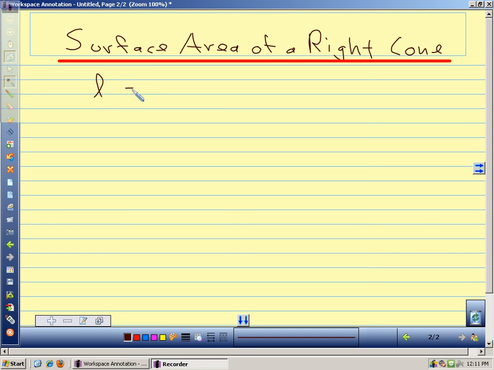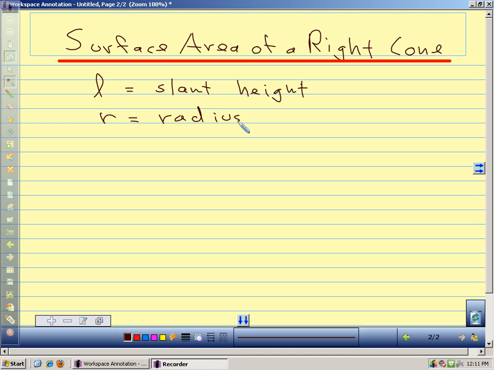L is the slant height. And R is the radius of the base. Our surface area is pi R L plus pi r squared. And our units are squared.